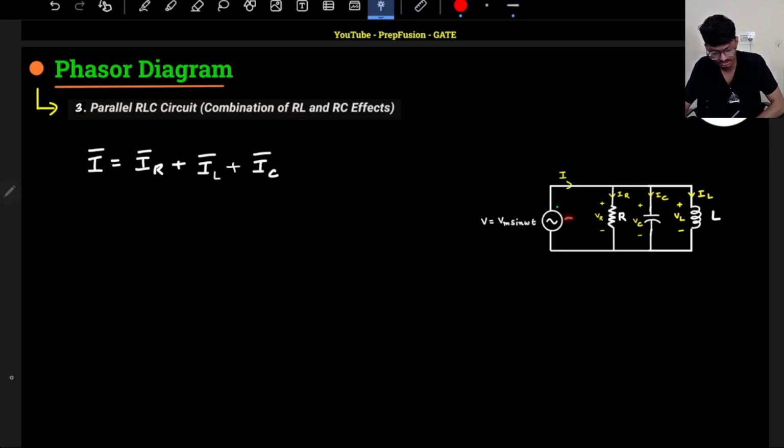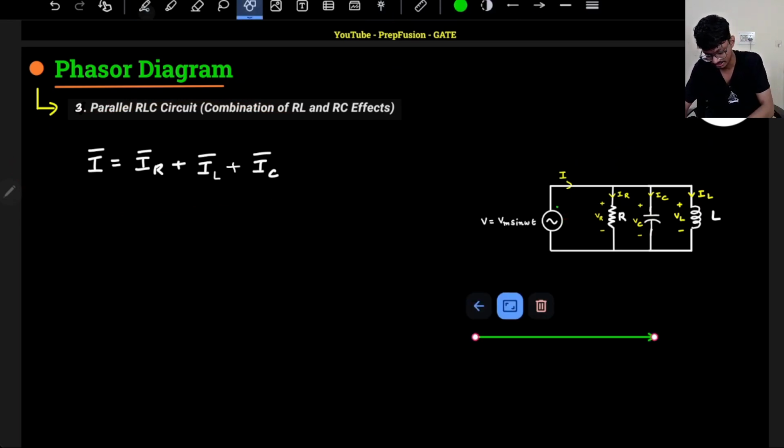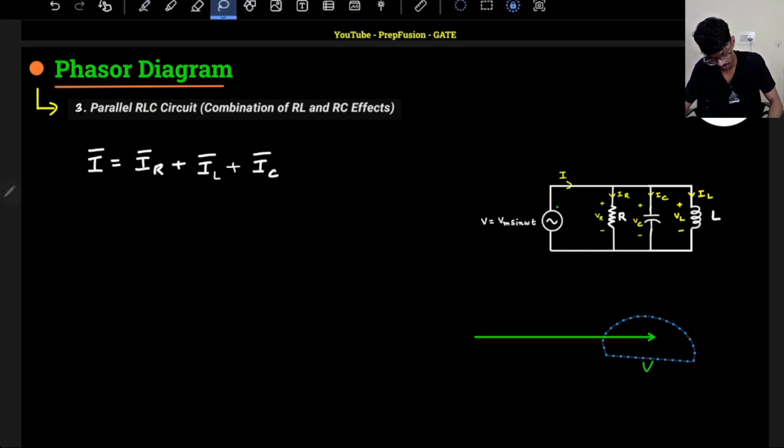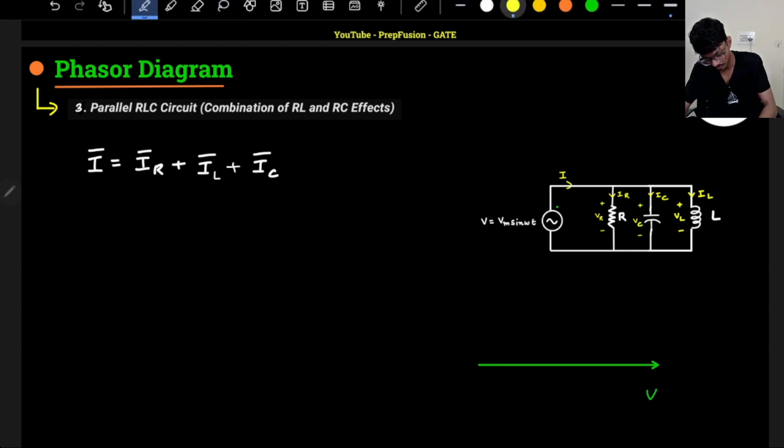If the voltage is assumed to be the reference, my phasor diagram will be something like this. This is my voltage, and the current of the resistor will be in phase with the voltage.